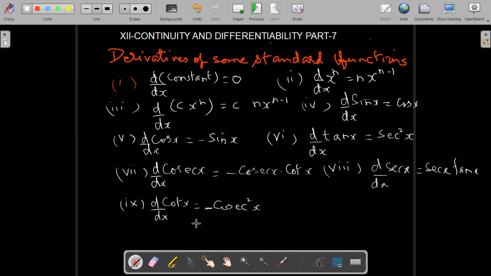Tan x is sec square x, so cot x will be minus cosec square x. Sec x will be sec x tan x, so cosec x will be minus cosec x cot x.